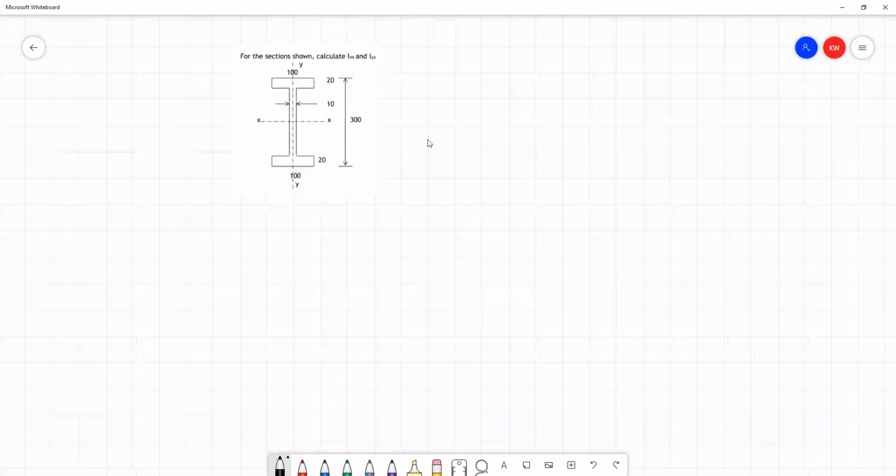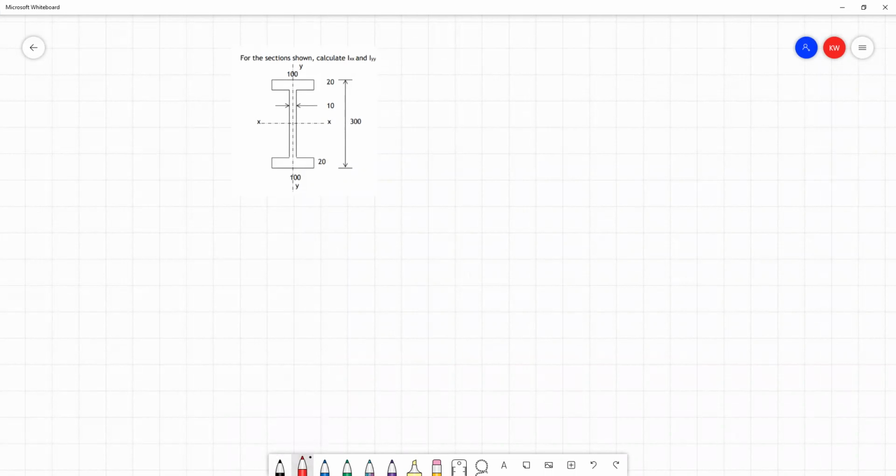So again, let's remind ourselves when we're considering the second moment of area about the y-axis, what we're considering is if a load is being applied like this across our beam here, so perpendicular to that axis. Now, we already know to expect from the course that we should have a lower second moment of area for this particular beam about the y-axis, but let's continue with the example and let's prove to ourselves this is the case.